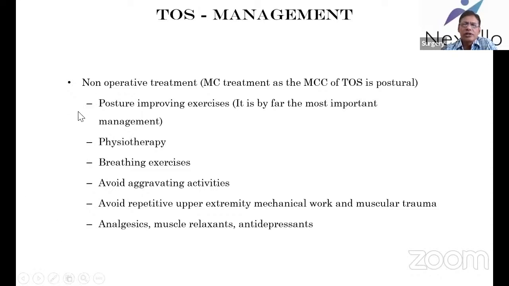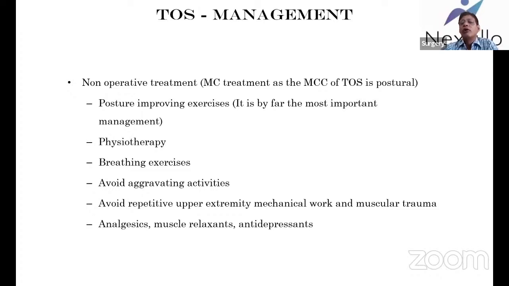You need to remember this, that the management of thoracic outlet syndrome is posture correction and physiotherapy, unless and until there is a specific pathology present. Then breathing exercises, avoid aggravating activities, avoid repetitive upper extremity mechanical work, like moving the upper limb like this. Then analgesics, muscle relaxants, and antidepressants may be given.